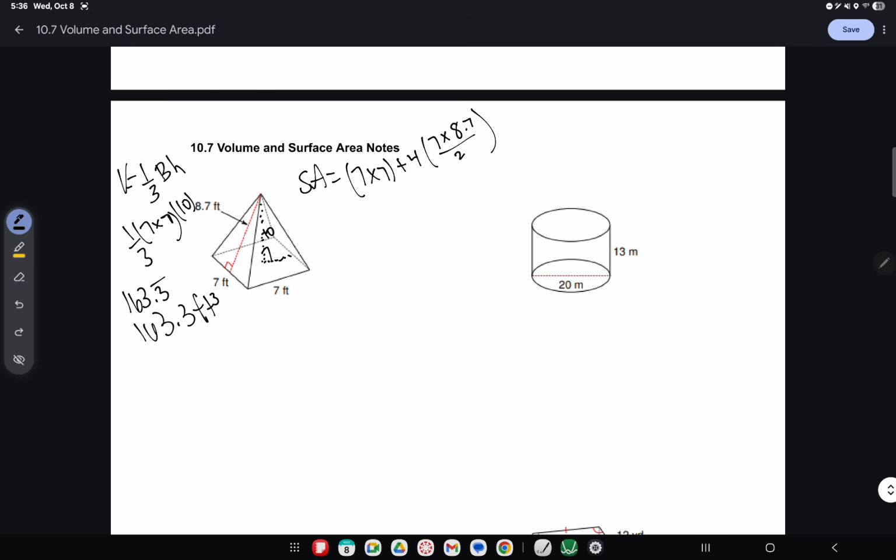And then we can plug this in. So 7 times 7 plus the other one, and I get 170.8 feet squared.